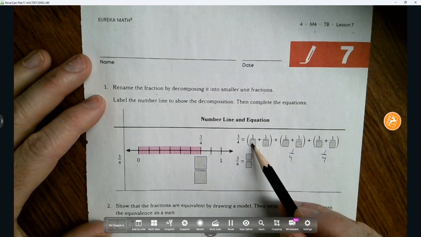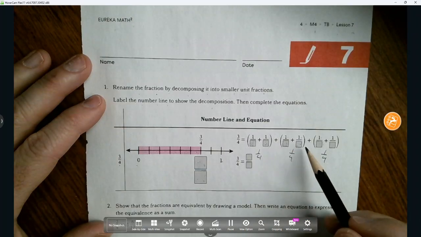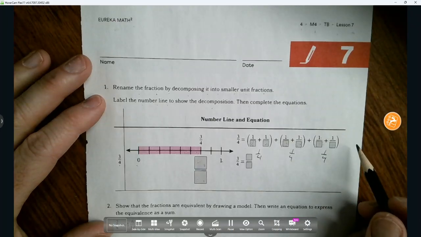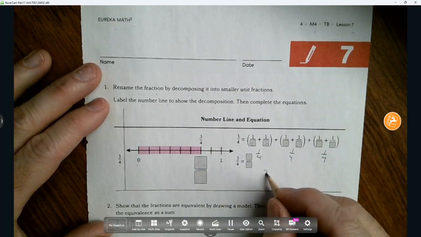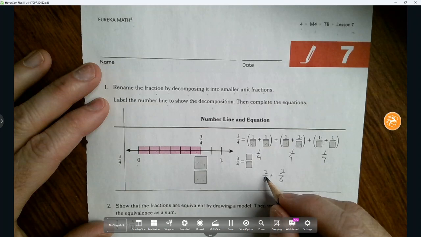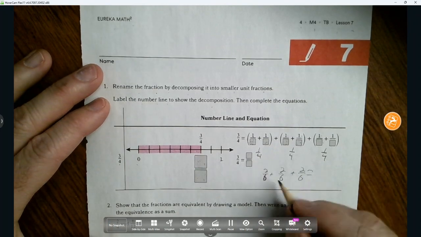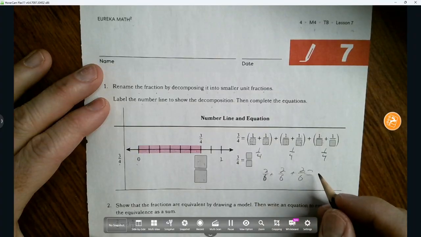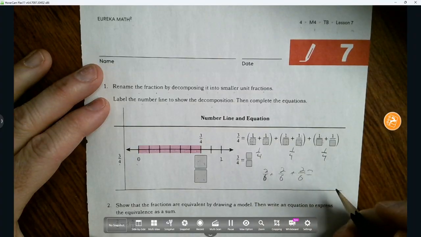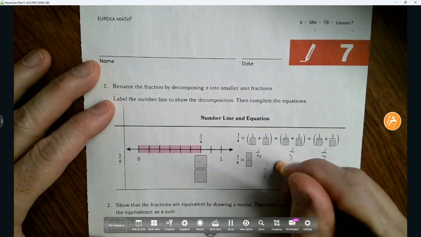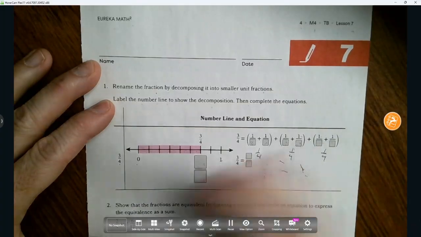If we put 1/6, 1/6, 1/6, 1/6, 1/6, and 1/6, that gives us 2/6, right? If we did that, we'd have 2/6 plus 2/6 plus 2/6, which gives us 2, 4, 6. No, that's not going to work because that would give us a whole, right? And then we'd have 6 over 6, which is a whole, so that doesn't work.